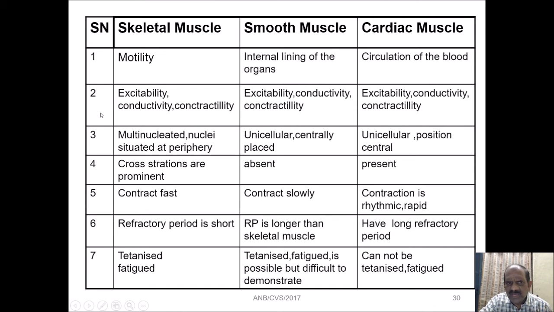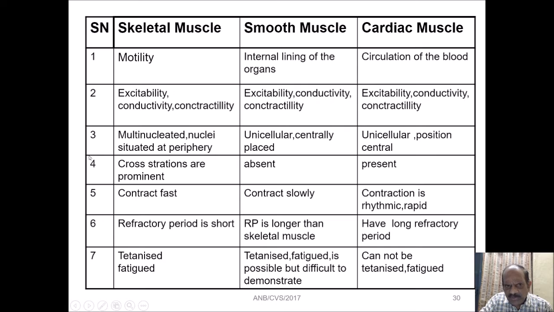All these muscles collectively have three basic properties: excitability, conductivity, and contractility. In contractility, as I have told you, skeletal muscles are voluntary in their contraction, and the rest, smooth muscle and the cardiac muscle, are involuntary.